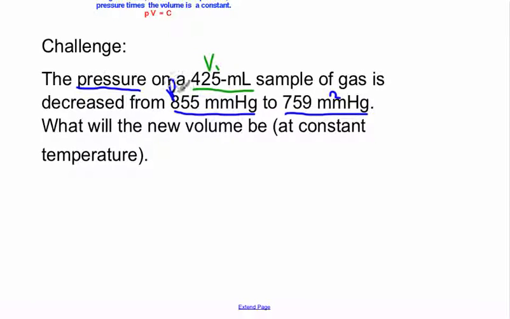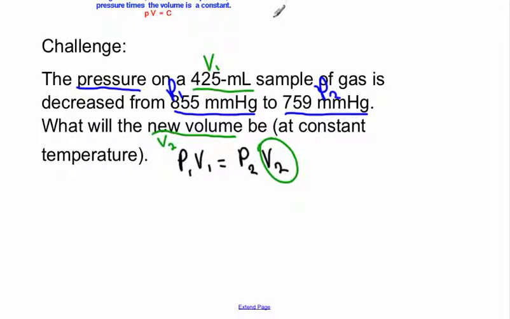So at this pressure 1, we have that volume 1, and this is our pressure 2. So let's write these out in an equation. And the equation we're going to use is Boyle's law, so we're going to use P1 V1 equals P2 times V2. Our unknown is the new volume, which is V2. So we're solving for V2.